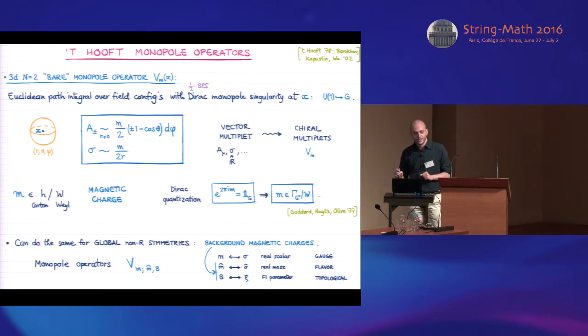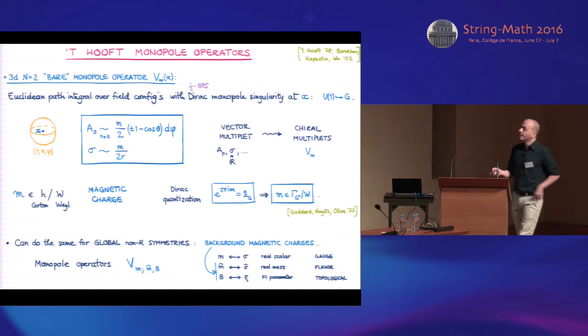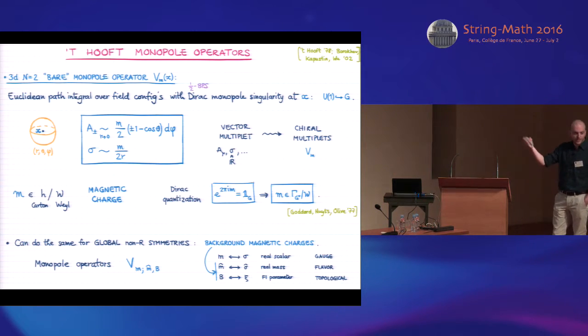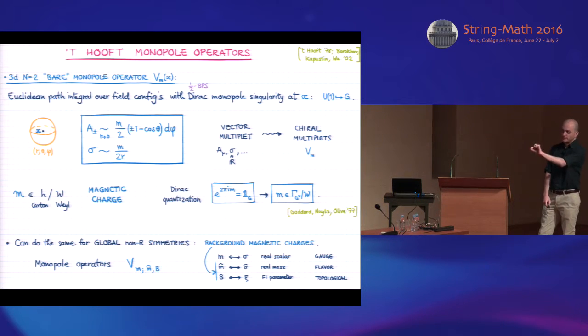So I think now, more than 10 years later, it is much more appreciated. And so how can we define local operators otherwise? You can define them by imposing a singular boundary condition in the Euclidean path integral. And these are local operators if the singular boundary condition is at a point.